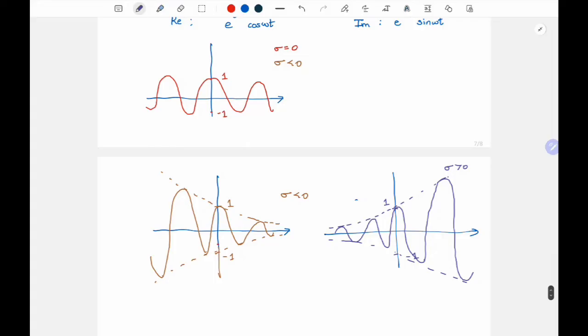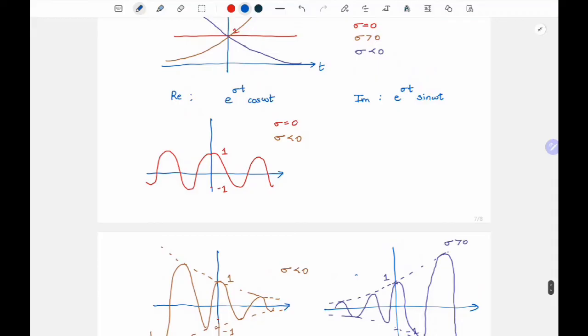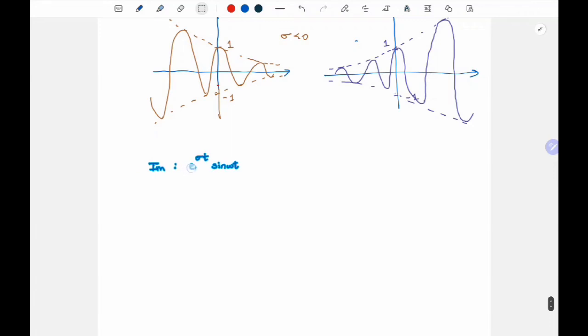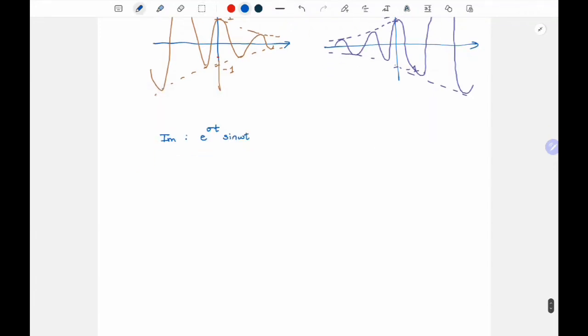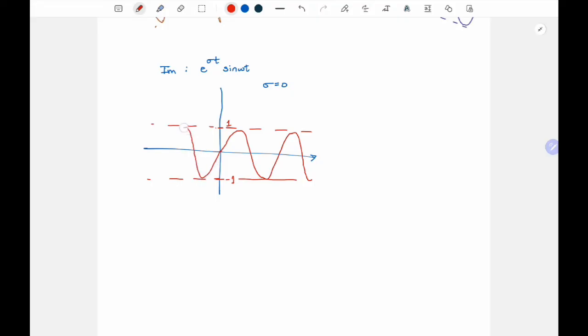So this is the real part actually, and this is the imaginary part. Let's take it down. The initial signals will be the same. So for sigma equal to 0, it will just be between 1 and minus 1. And it is a sine, so it will start from 0. And what happens to the other cases?